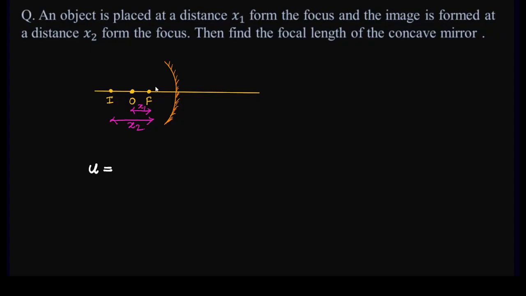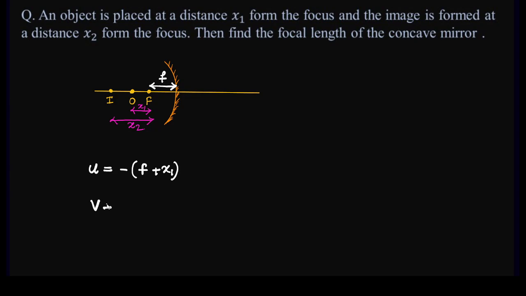From here to here, this is nothing but the focal length, na? So the object distance from the pole onwards is f plus x1, which is negative, na?